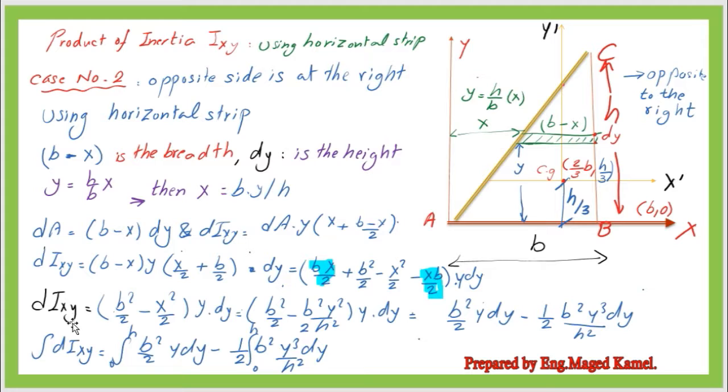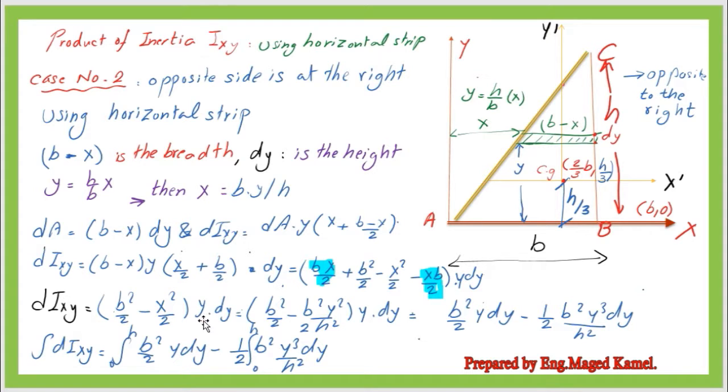Then we are left with dIxy equal to b squared minus x squared over 2 multiplied by y dy. Since we have the expression of y equal to h over b x, we will get an expression for x this time as x equal to yb divided by h. We are going to square that x and substitute for x squared.